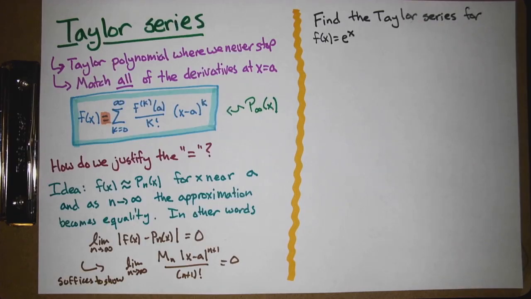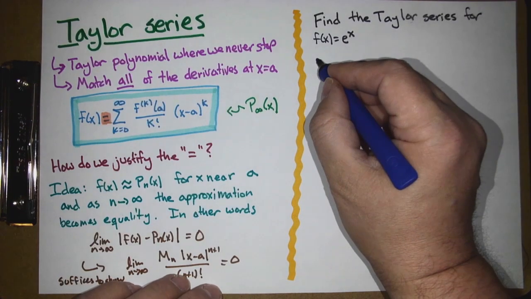Okay, so here we go. Find the Taylor series for the function e to the x. Classic problem, and this is probably one of the most important series you will work with. If we're trying to understand Taylor series, we channel our inner Taylor polynomial mindset. When we were trying to find a Taylor polynomial, what did we start doing? We started with derivatives, because our goal is to match derivatives. So we have the function.